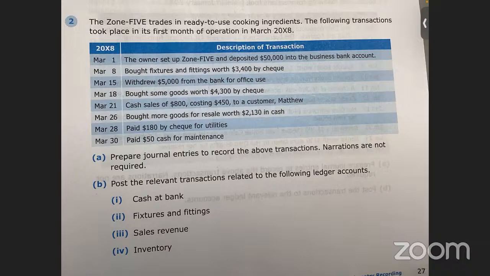If I buy some goods worth 4,300 by check, does it make sense to say inventory debit means inventory increases by 4,300? Write down increase in pencil, don't use pen, okay?